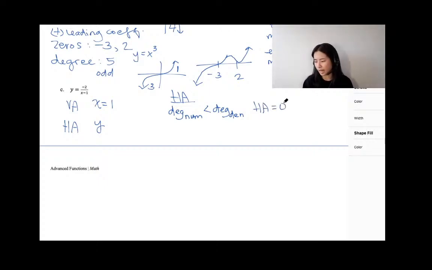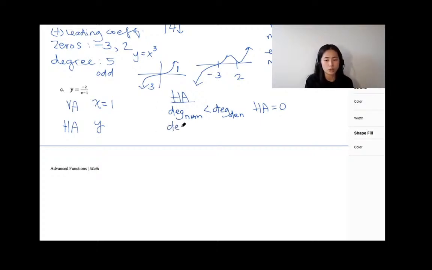But there's a difference between 0 versus none, by the way. If you say the horizontal asymptote is none, that's completely wrong. If the degree of your numerator is less than the degree of your denominator, it's 0 and not none.